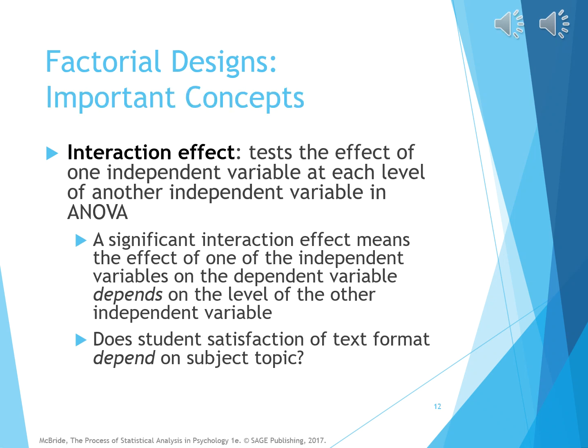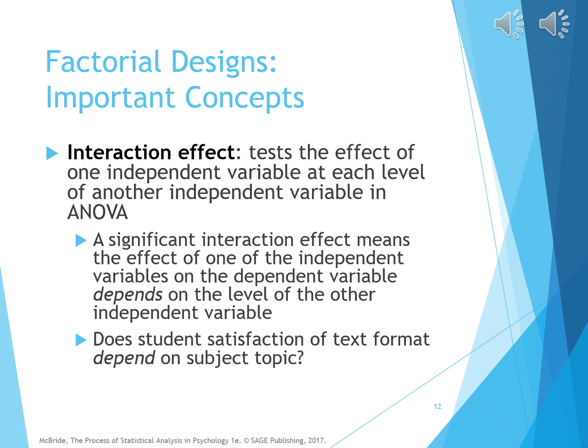But something new that we haven't seen so far this semester is called the interaction effect. And this is testing the effect of one of those independent variables at each of the levels of the other independent variable. It'll be its own type of test, and with a significant interaction effect, a p of less than or equal to 0.05, or if we find that the effect lies in the critical region and we reject the null, then what we can say is that the effect of one of the independent variables depends on the level of the other independent variable.